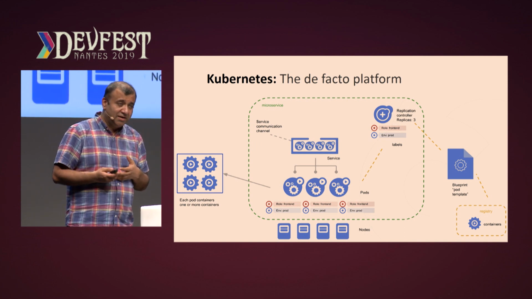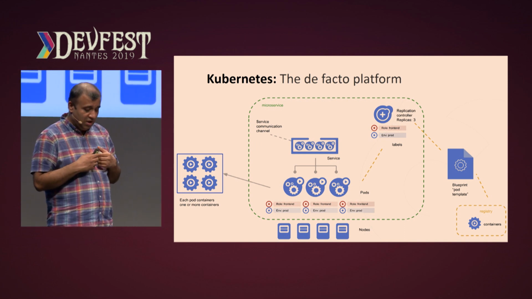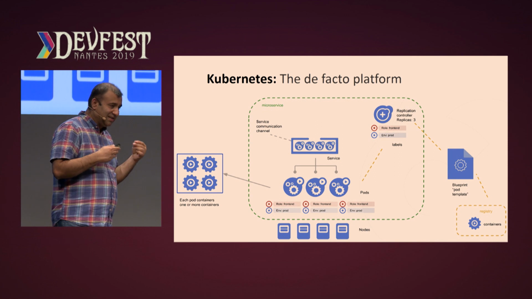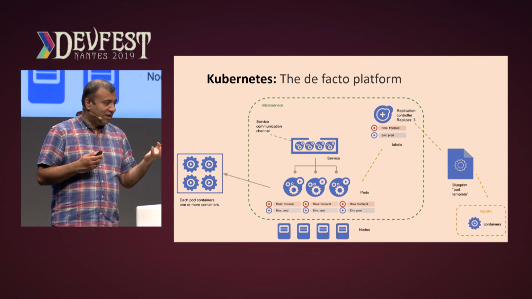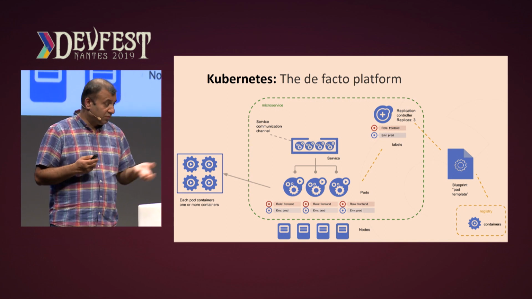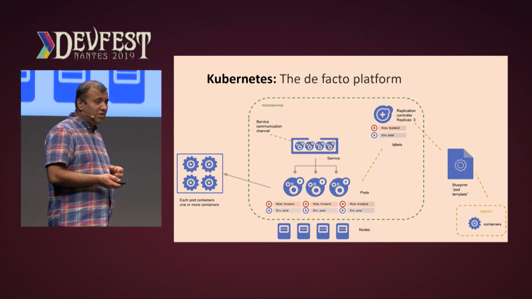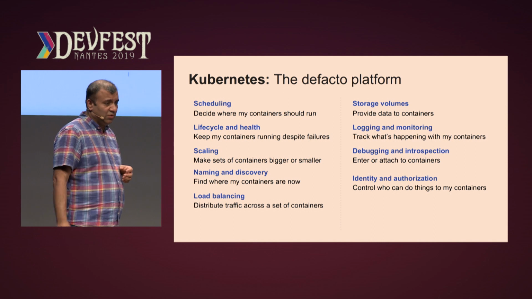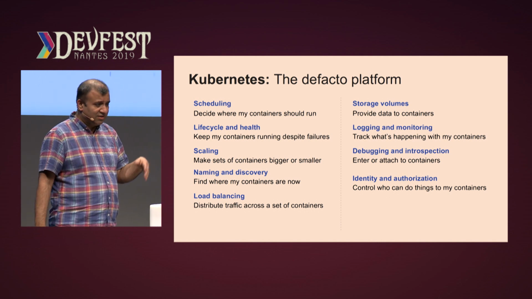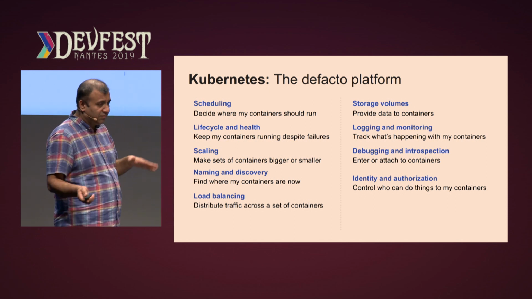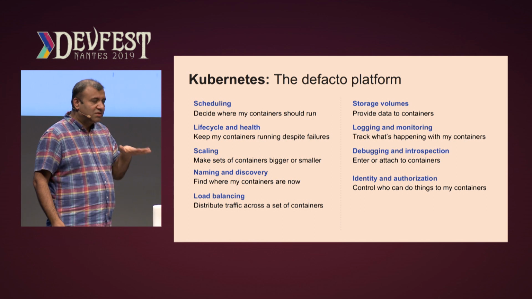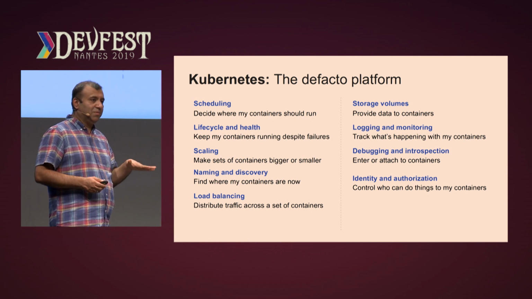It handles containers. It's a way of describing your resources in a declarative way, and then the system tries to bring the actual state as close as possible to what you describe. Kubernetes does a lot of things for you. It deals with scheduling, health checks, load balancing, and so on. You have a full list, and probably a lot more than that. But that's not a good platform for developers.